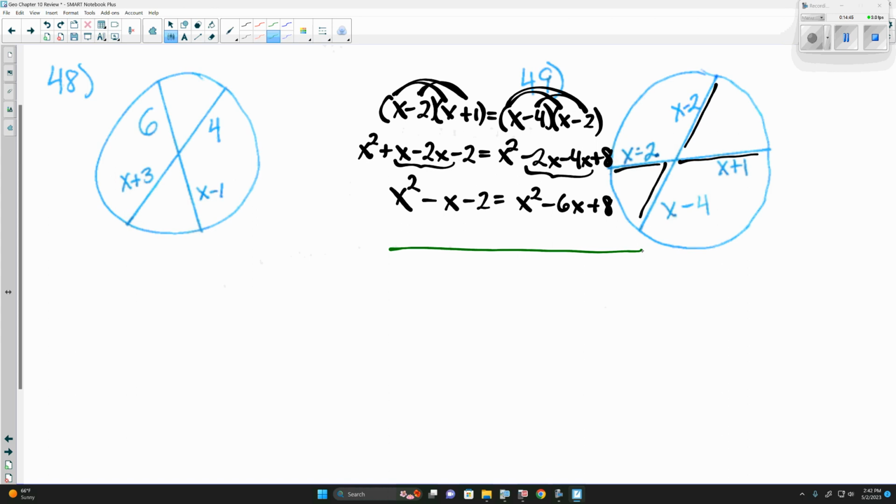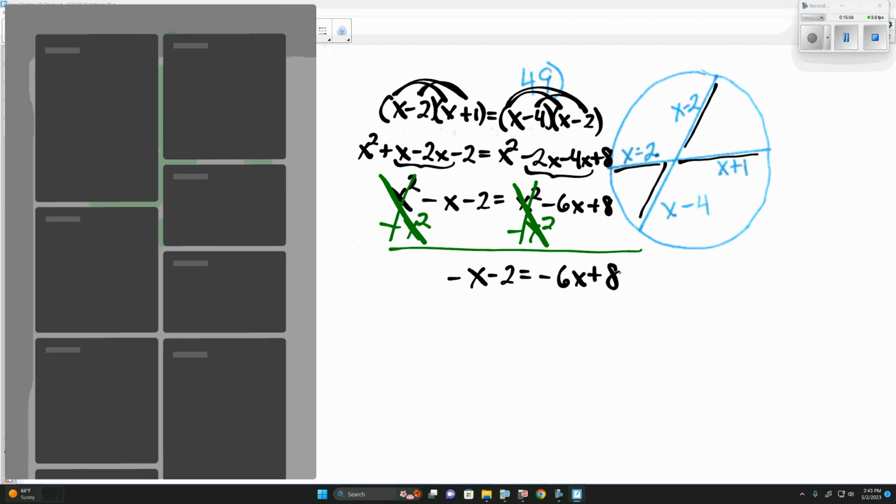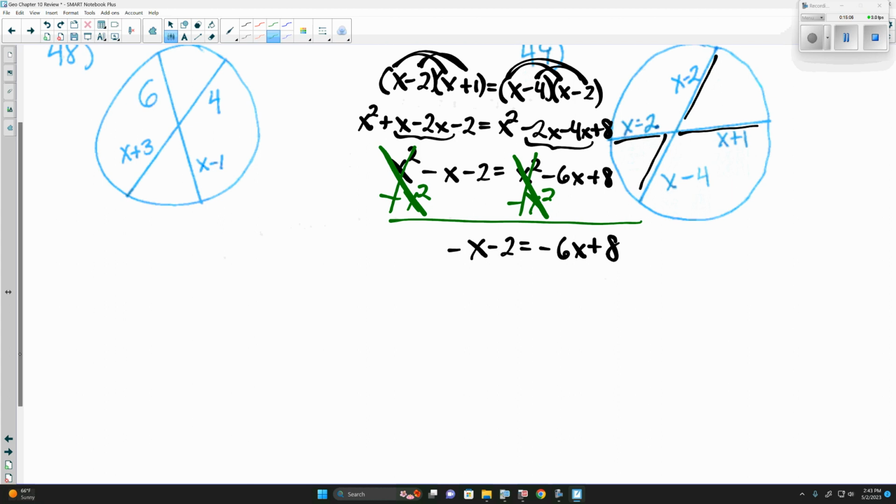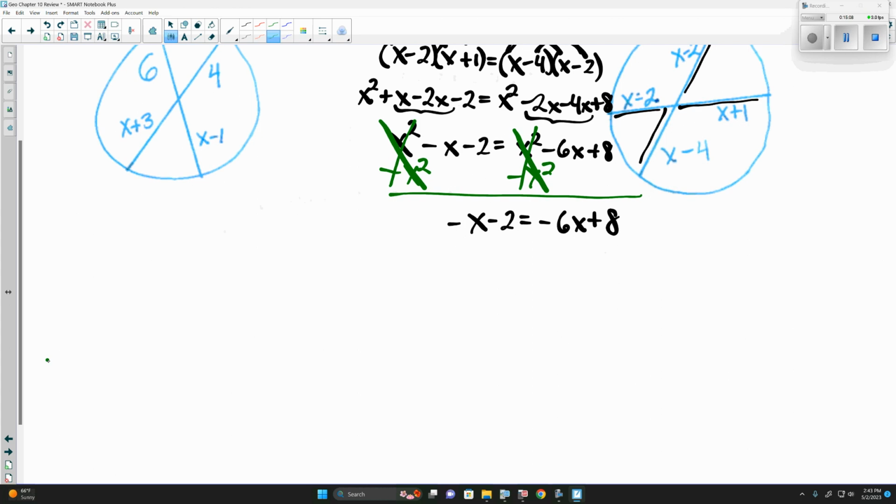Well, the first thing we can do is subtract x squared from both sides. On the left-hand side, x squared minus x squared is 0. On the right-hand side, x squared minus x squared is 0, leaving us with negative x minus 2 is equal to negative 6x plus 8. What can we do next?